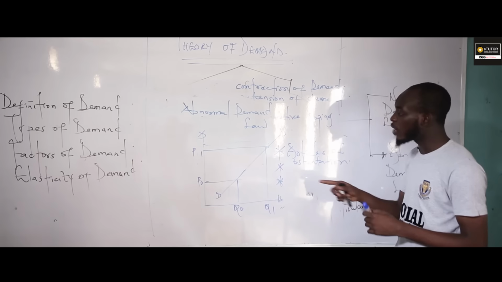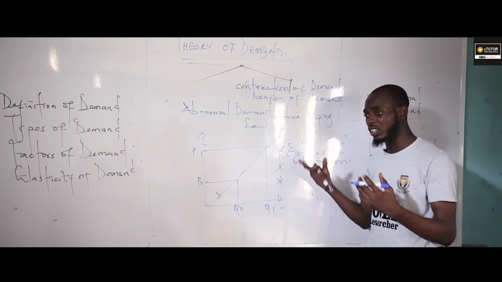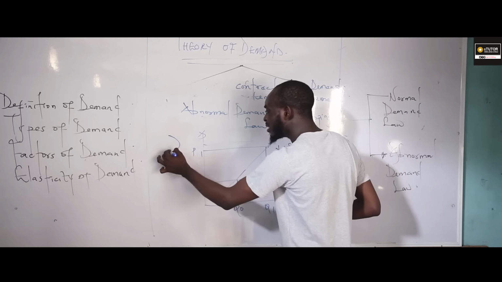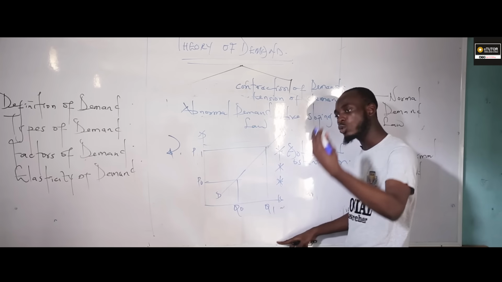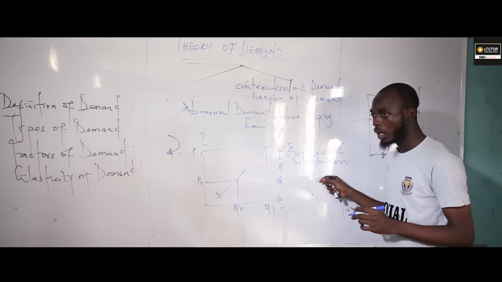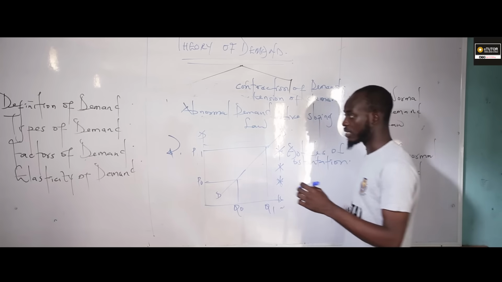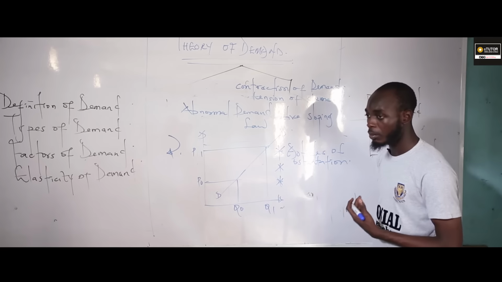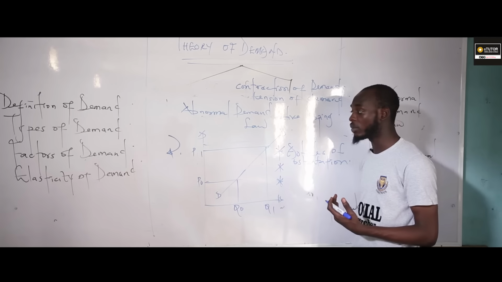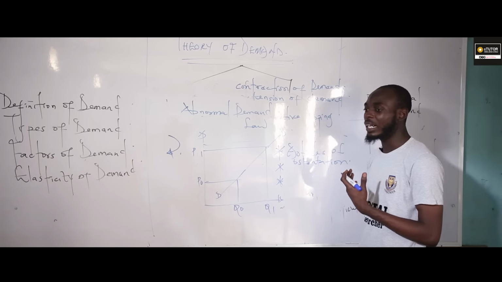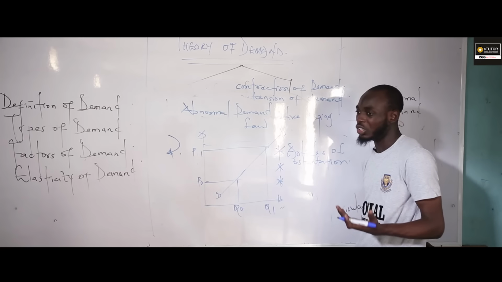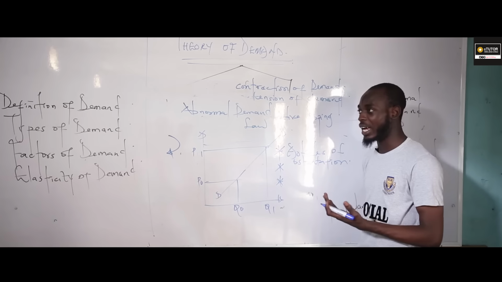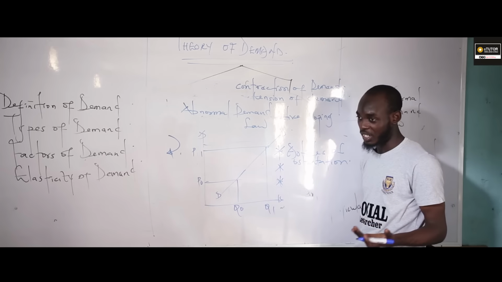For example, if you look at those that are very, very rich in the society, they are not going to consume anything that is of low price because it will devalue them. Let me give you an instance. If you have a child, maybe you are one of the richest men in Africa, you can't afford to take your child to a less privileged school, like maybe a Nigerian university.